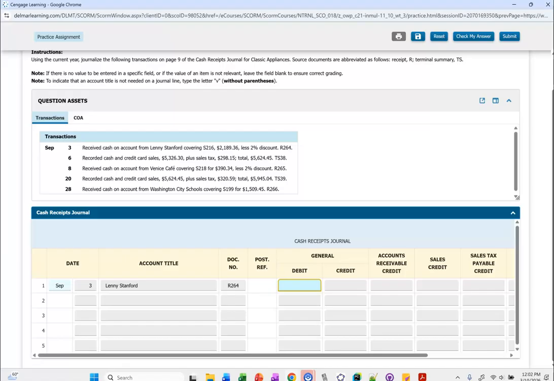Okay, so we got cash on account, so that's going to be an accounts receivable credit, right? He's paying his account, so it goes into the accounts receivable. For a total there was 2189.36.